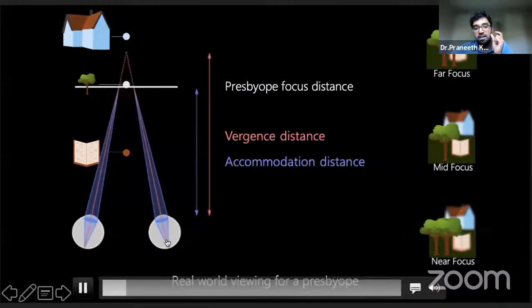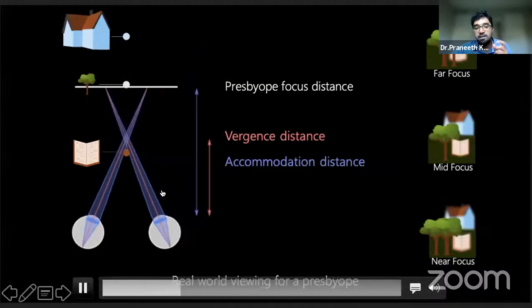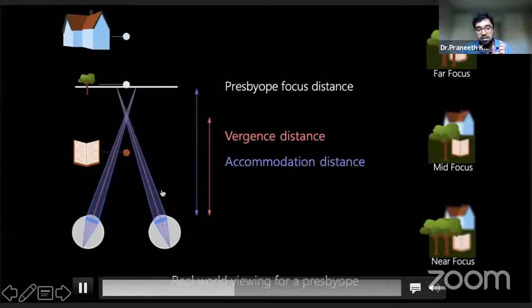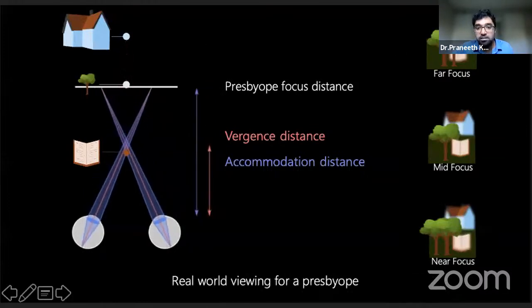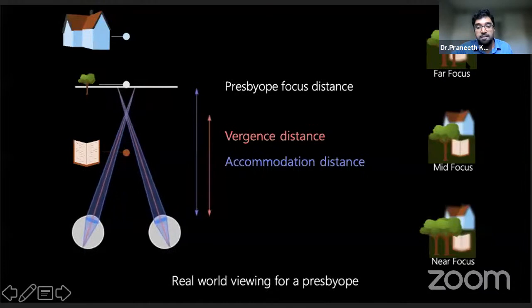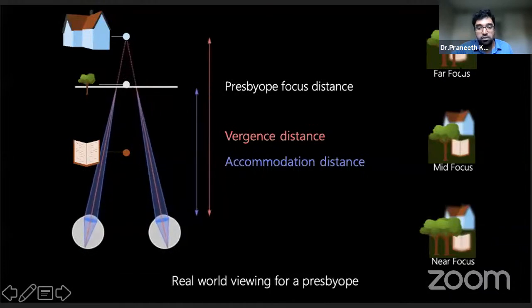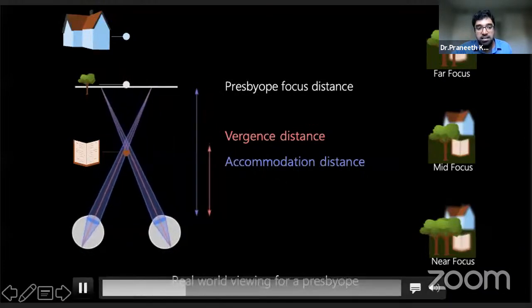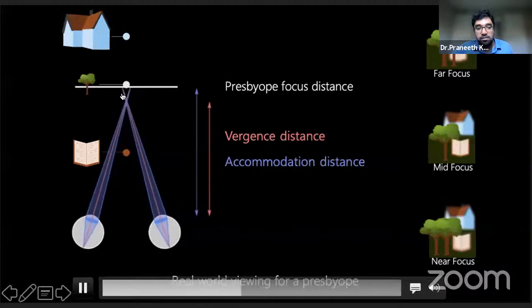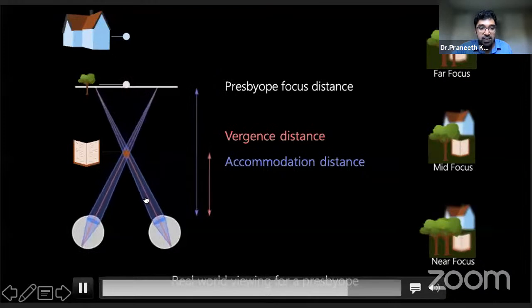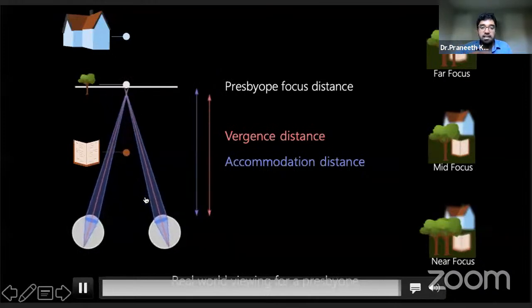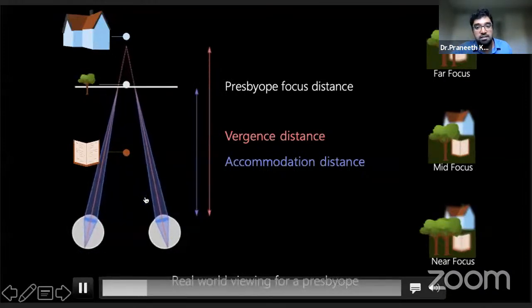So the retina doesn't receive a sharp image of the house. So the house is out of focus. The book is obviously out of focus. But interestingly, the user's eye is always focused at the tree, at the mid distance where the tree is. And when the user's eye is rolling, he'll start to see double images.